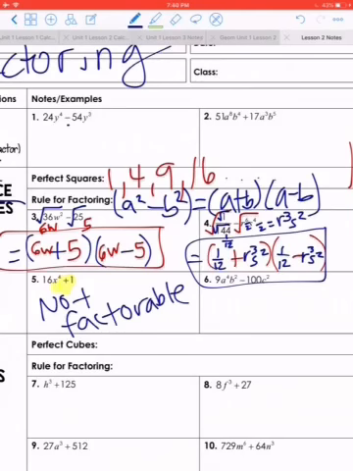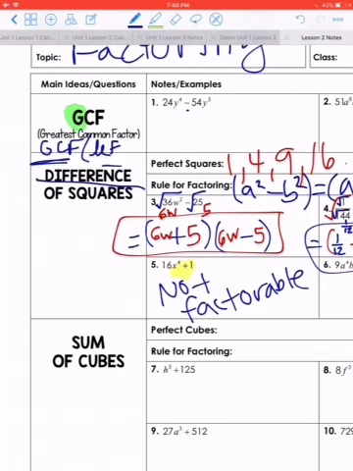This has to be a difference of squares to work. If you have a plus in between some perfect squares, this will never work, because if you double distribute, or rainbow and smiley face, you're not going to get what you started out with, because you started out with a plus. And there's no way to have a minus times a plus and make a plus.